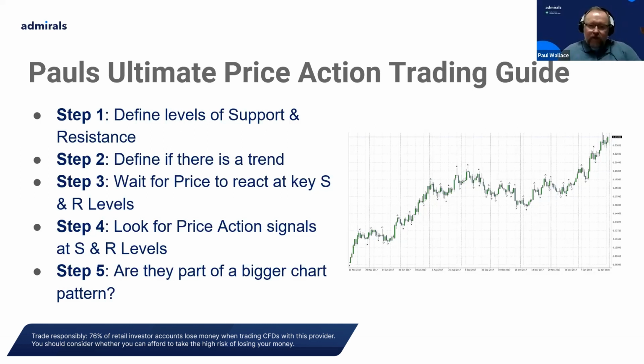Start with the monthly chart, down to the weekly chart, down to the daily chart. Draw in significant levels of support and resistance. The good thing about the Admirals MT4 and MT5 platforms is that once you've done it once, it will remember those levels. They'll be there, drawn on the chart, because markets are still traded by humans, even though execution might increasingly be done by algos.